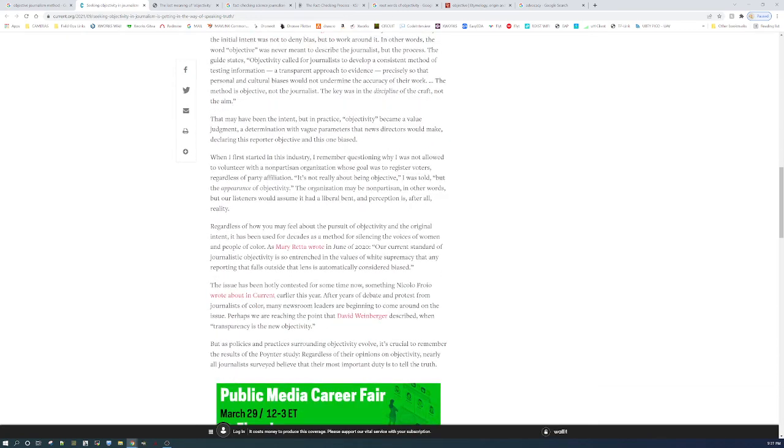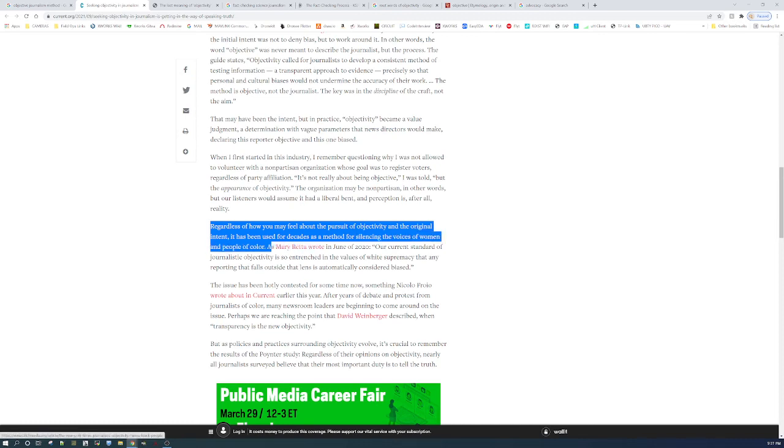So like right here, if you look at this, regardless of how you may feel about the pursuit of objectivity, in the original intent, it has been used for decades as a method for silencing voices of women and people of color, essentially saying that it stimulates marginalization. So that would be one standard in which you could point out how objectivity is bad.